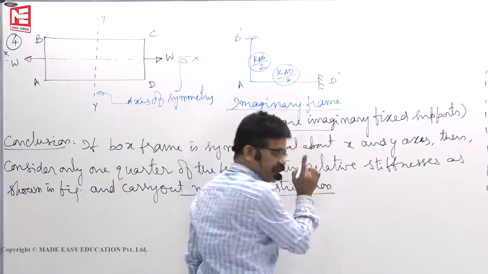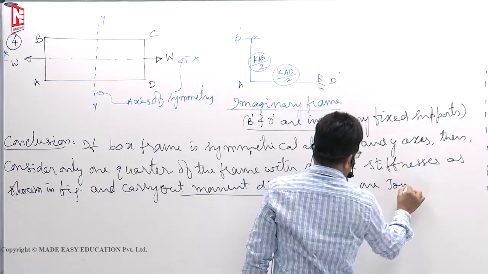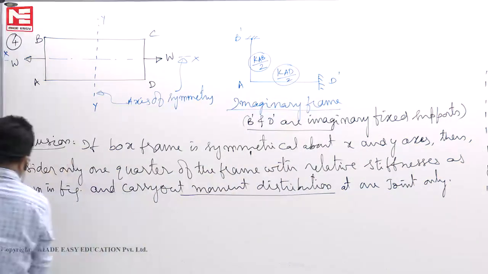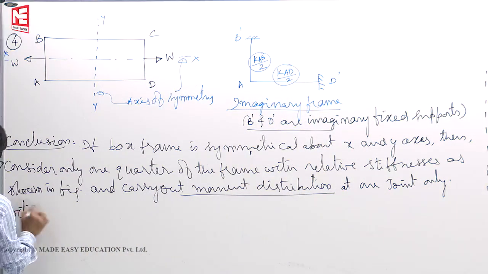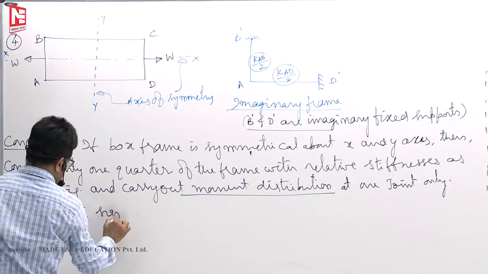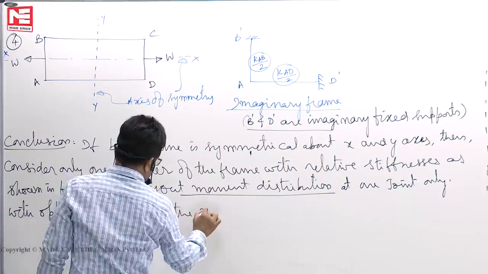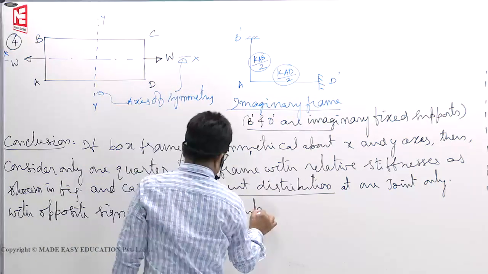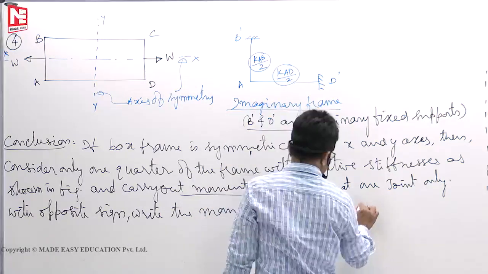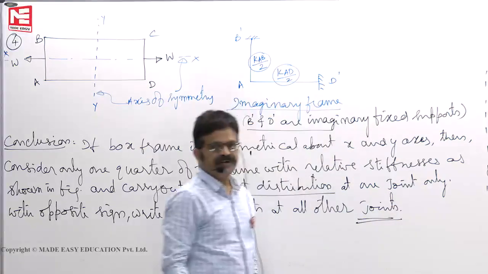Only this one, you see, carry out moment distribution at one joint only. With opposite sign write the moments at all other joints.